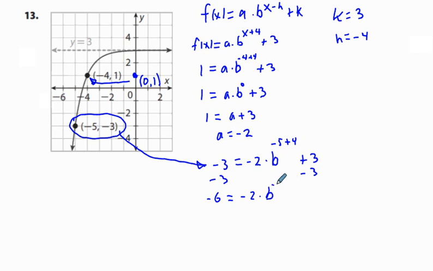That's going to be negative 1. And so dividing by negative 2, we get 3 is equal to b to the negative 1 power, which is going to be 1 over b.